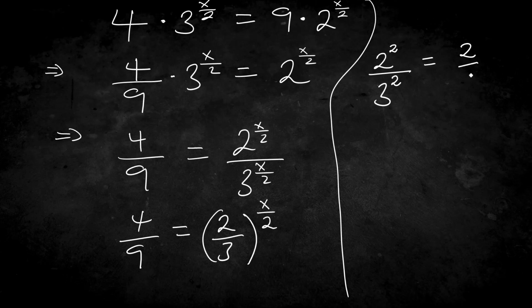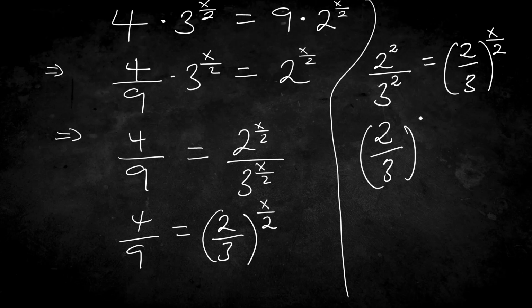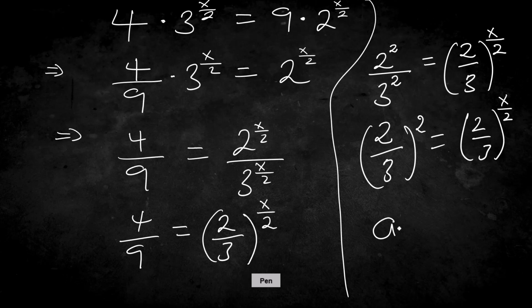So we have 2 on 3 raised to the power, so we can bring it out: 2 on 3 all raised to 2 equals 2 on 3 all raised to x on 2. And when we're given a raised to n equals a raised to c, now the bases are equal, so you can say n equals c.